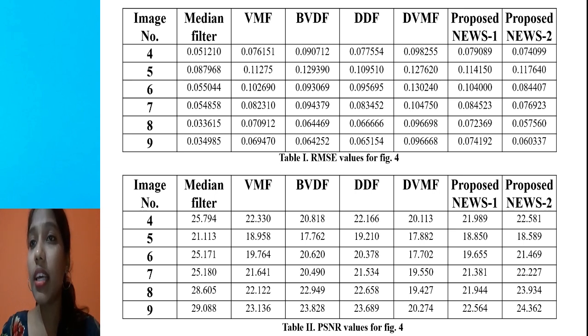And you can see by the values, our proposed filtering is 1.2 times better than basic vector directional filtering in terms of RMSE and PSNR values.